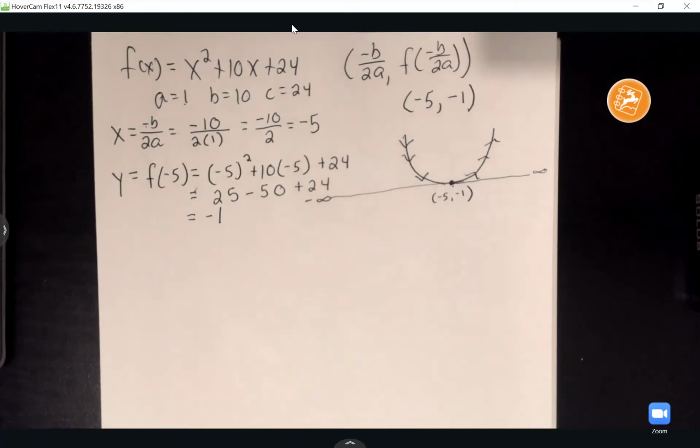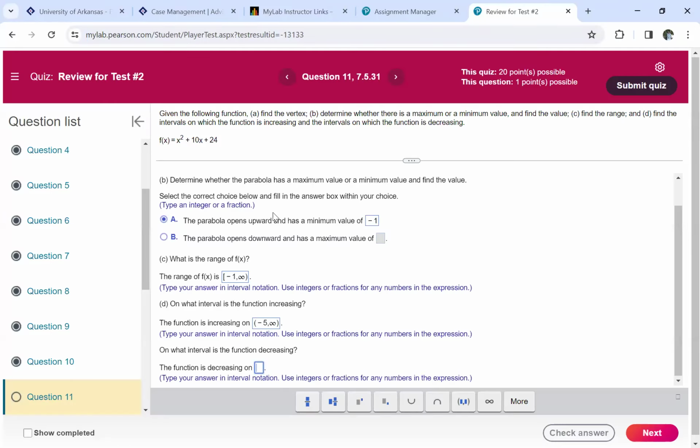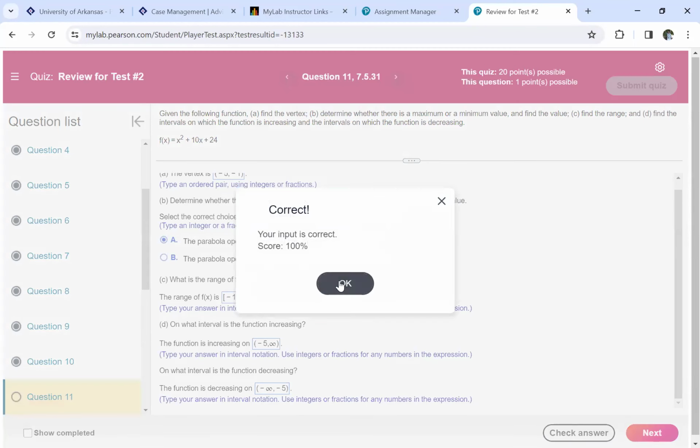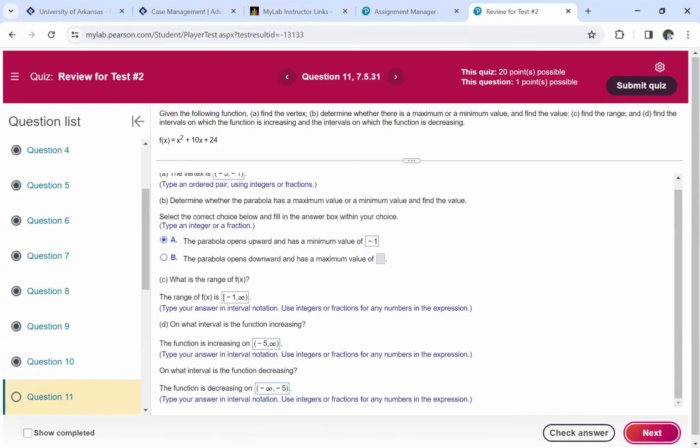All right, so I would put that in. So parentheses, negative infinity, comma, -5. And then close your parentheses. So remember, on the increasing, decreasing, want to go from the number to infinity, want to go from negative infinity to that number, okay? All right, so we got them in right on that one. So now we hit next.